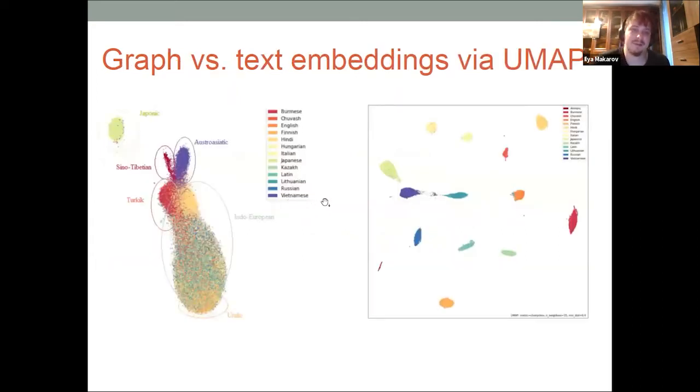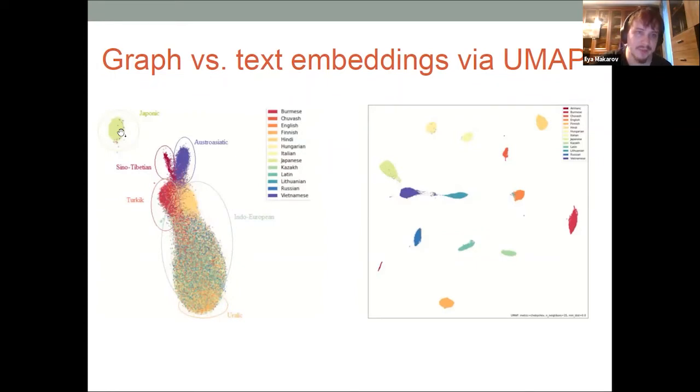If we discuss the visual comparison of graph and text embeddings via UMAP projection, you see that in the graph methods, you have a very strong mixture of all the clusters. Of course, we could highlight some general clusters.